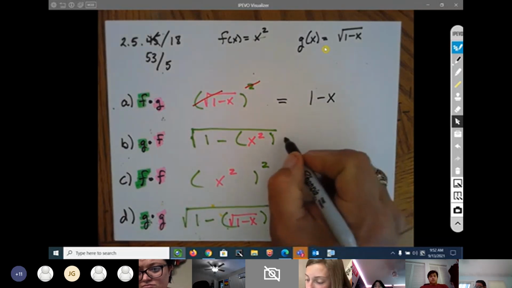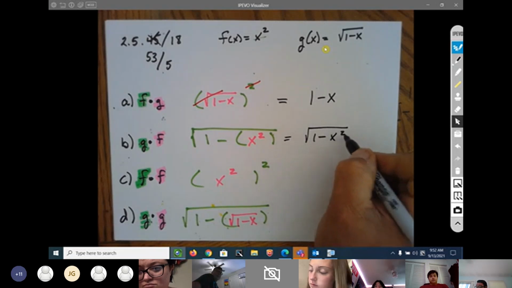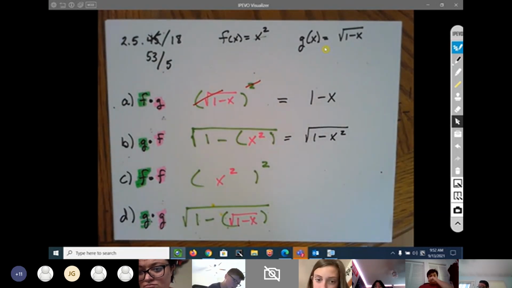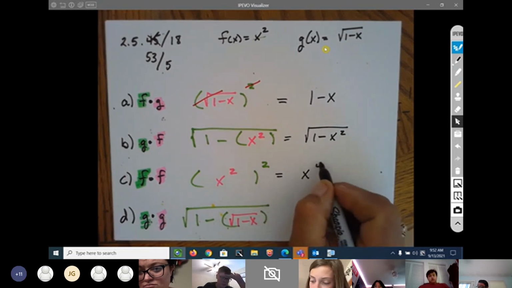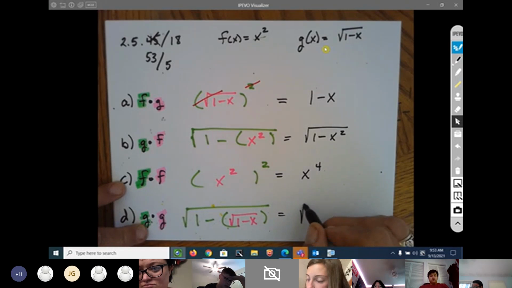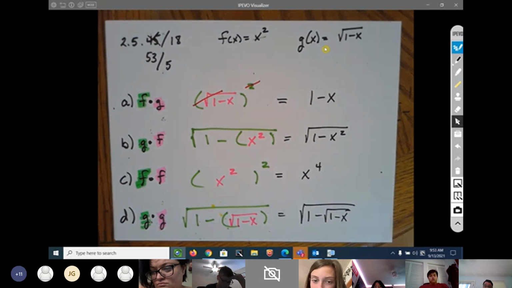I'm just going to put the square root of 1 minus x squared, because that is different from this. And this is x to the 4th. And this is the square root of 1 minus the square root of 1 minus x. And that's your answers.